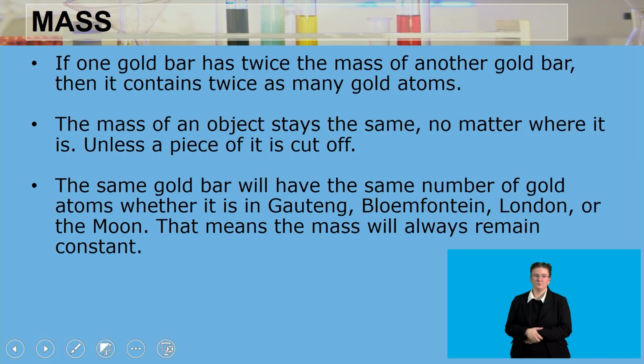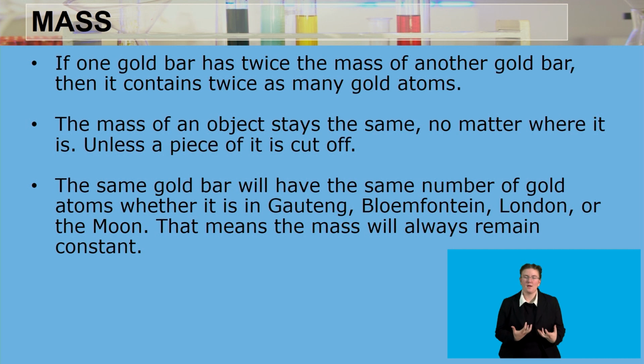Moving right along. When we're talking about mass again, we can take a practical example. If we have 2 gold bars, and one has twice the mass of the other one, then it contains twice as many gold atoms.